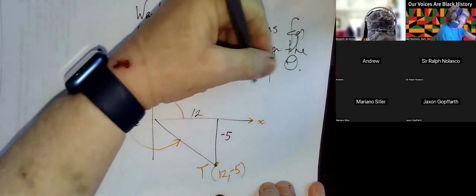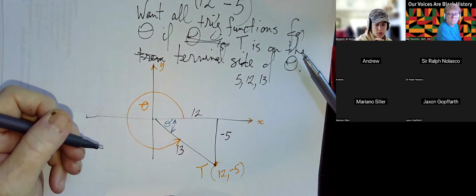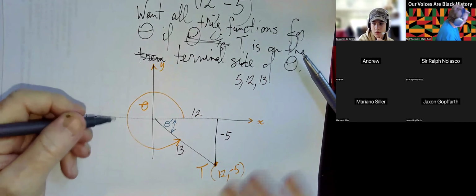The theta should be at the point of origin. That's right. Theta should start at the origin and go out. And why did we go up to the positive x-axis rather than over here to the negative x-axis? Because you want the shortest distance. Good.